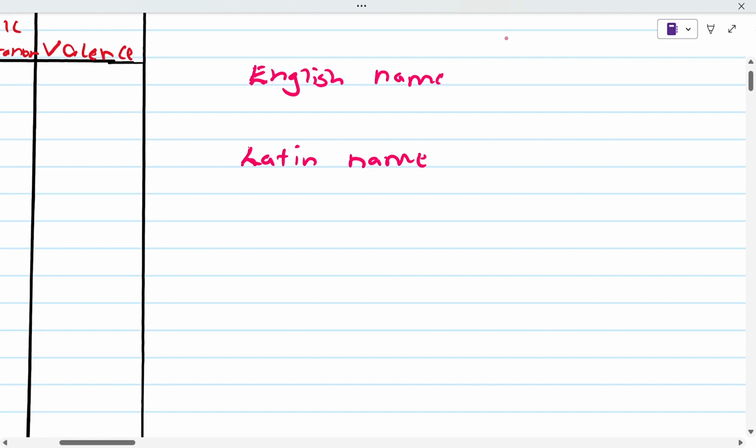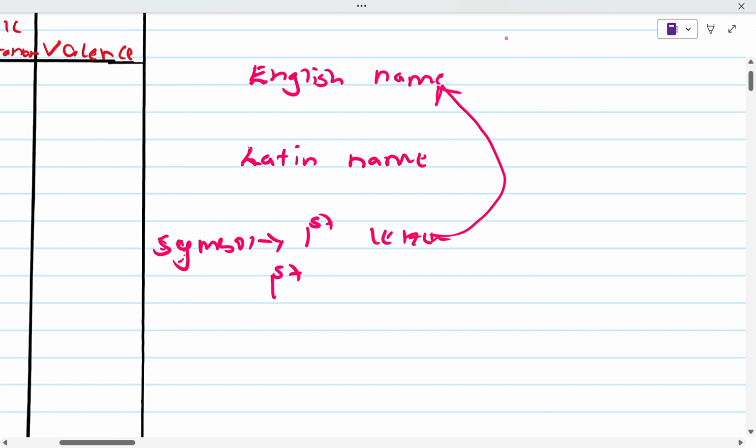So whenever we are coming up with a symbol, a symbol can either be the first letter of their English name, or the first and any other letter of their English names.